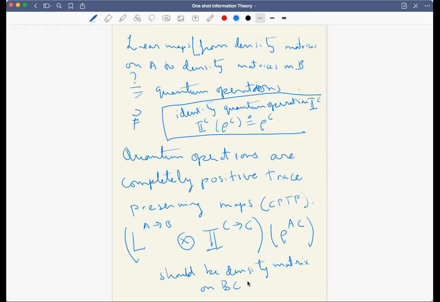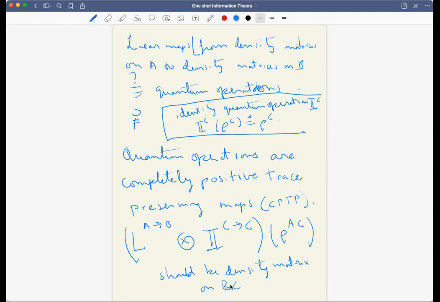But unfortunately, that does not happen. If I only had positive and trace preserving, there are examples of positive and trace preserving L such that after tensoring with the identity quantum operation and applying it on a certain entangled state rho AC, what I get is no longer a positive semi-definite matrix in BC. I just get a Hermitian matrix in BC, but that's not positive semi-definite. So these things can happen.